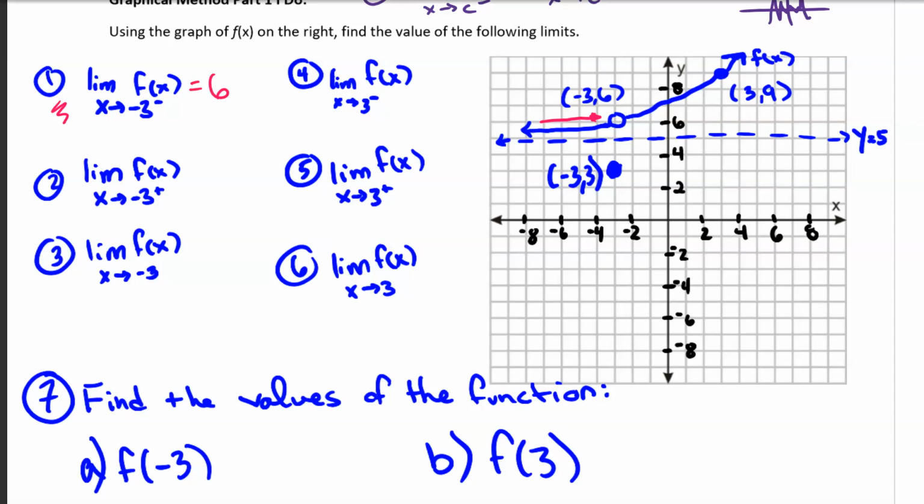And then if we're thinking about from the right, which I'll do in this kind of canary color, as we come in towards -3, we also approach 6. So since those two agree, since they're equal to each other, we get to say that this is 6. And that's because our limit from the left is equal to our limit from the right.